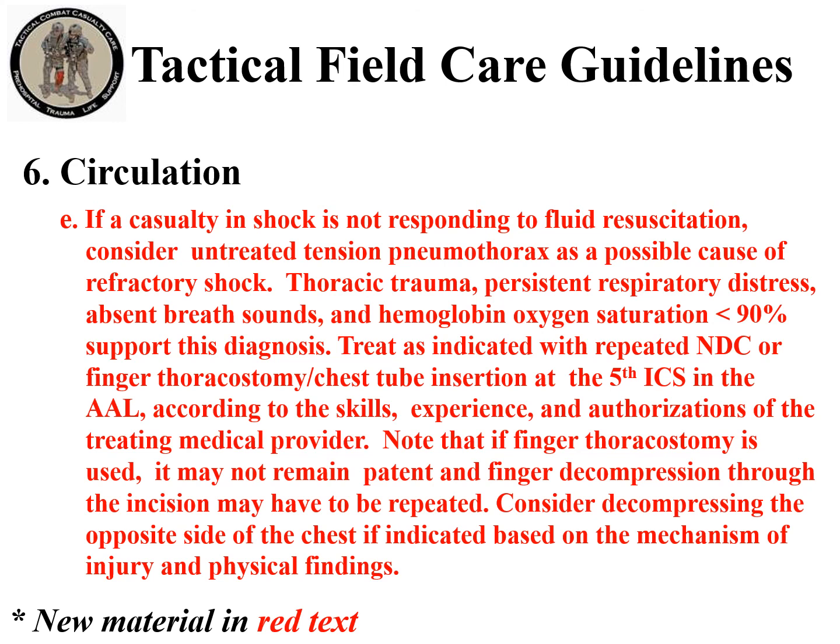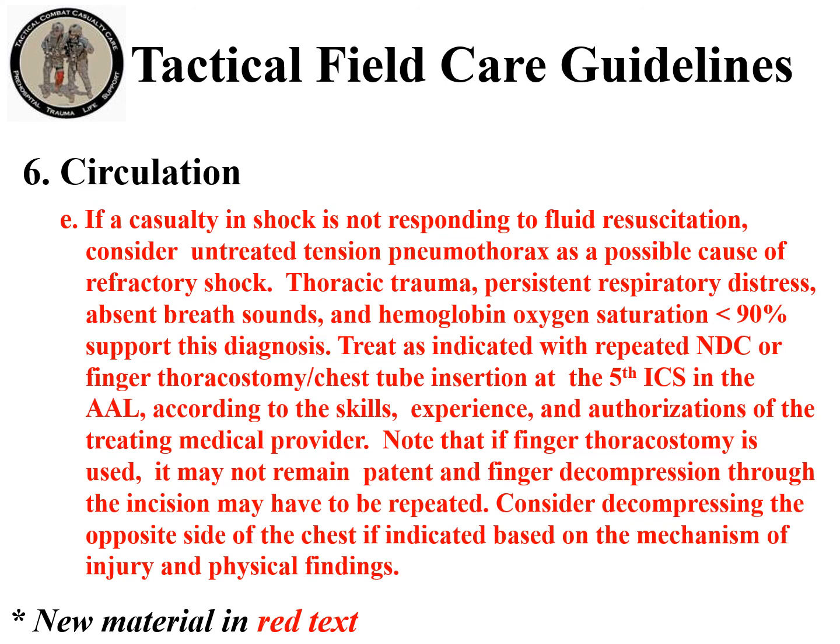If a casualty in shock is not responding to fluid resuscitation, consider untreated tension pneumothorax as a possible cause of refractory shock. Thoracic trauma, persistent respiratory distress, absent breath sounds, and hemoglobin oxygen saturation less than 90% support this diagnosis.